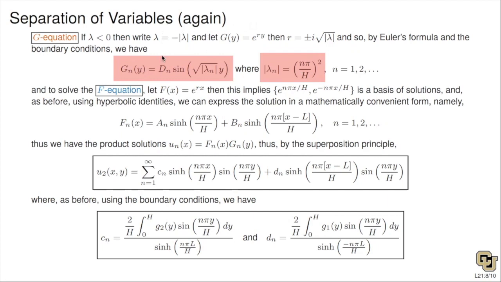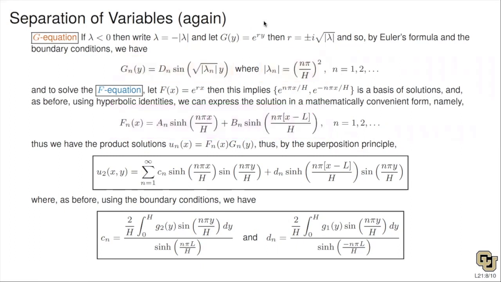We want a solution for the f equation where the terms will disappear when you let x equal 0 and when we let x equal capital L. And so by using identities and by taking linear combinations of basis elements, we can rewrite the solution to the f equation in this relatively messy looking linear combination of these hyperbolic sinh functions.